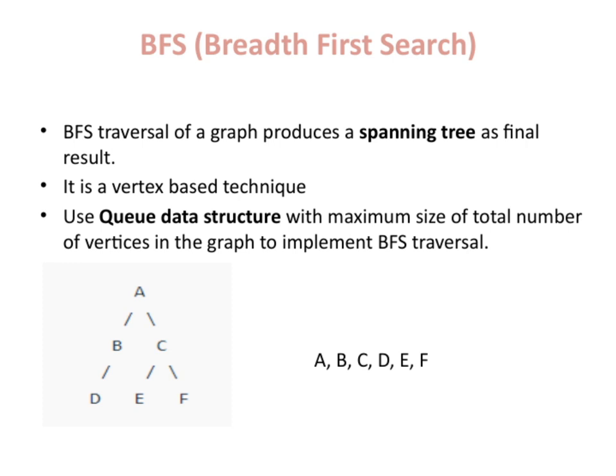To implement this traversal efficiently, we use a queue data structure. The size of this queue is at most equal to the total number of vertices in the graph, ensuring we can handle the entire graph without running into issues. This approach helps us understand the structure of the graph better and is fundamental in many graph algorithms.